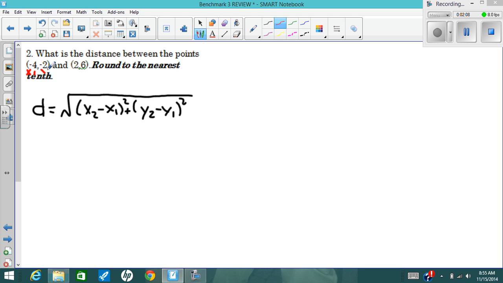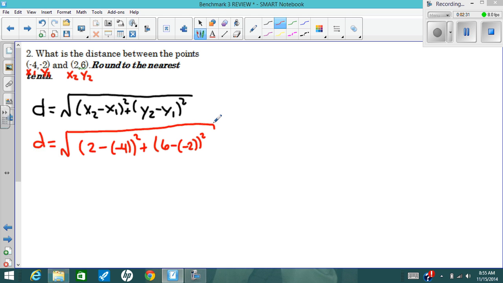So I have x1, y1, x2, y2, and I'm going to plug in, making sure that I don't skip any steps. I got to make sure that I write my square root symbol the whole time.